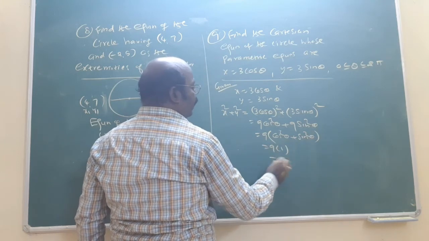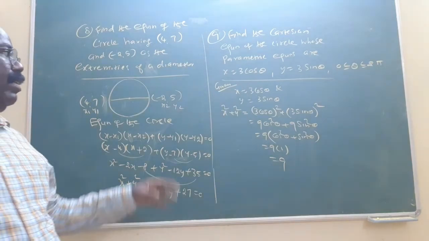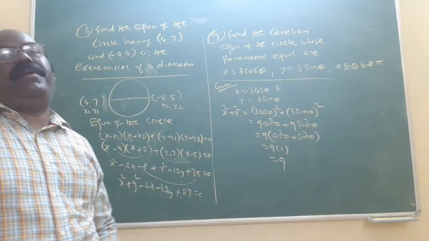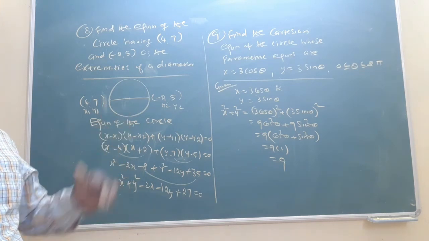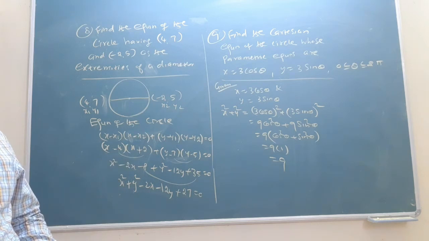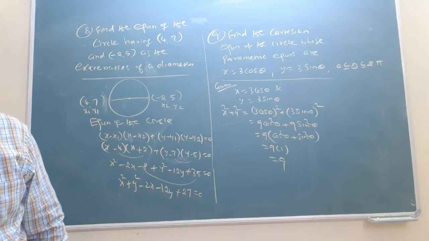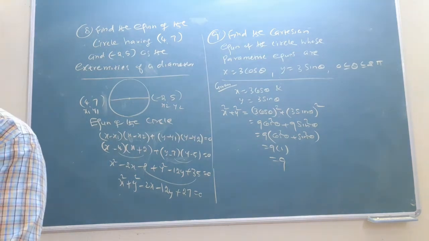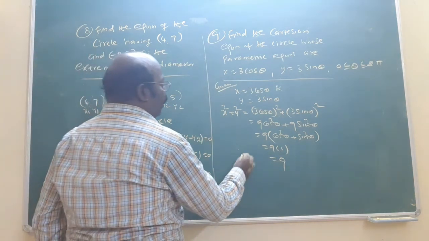Am I correct? That's why we square and add. That's important. We want the equation involving x and y only, not theta, sin and cos. Squaring and adding, automatically 9 is common, cos square plus sin square is 1. That is the answer. The equation without theta is called the Cartesian equation.